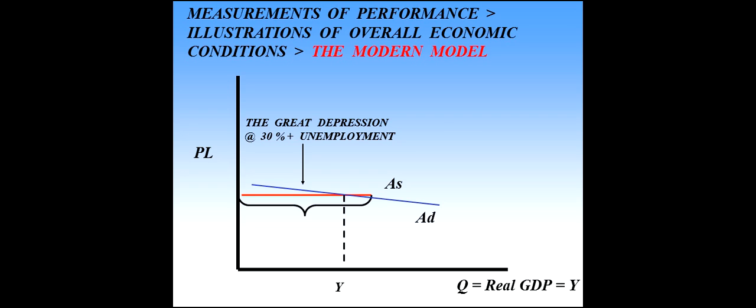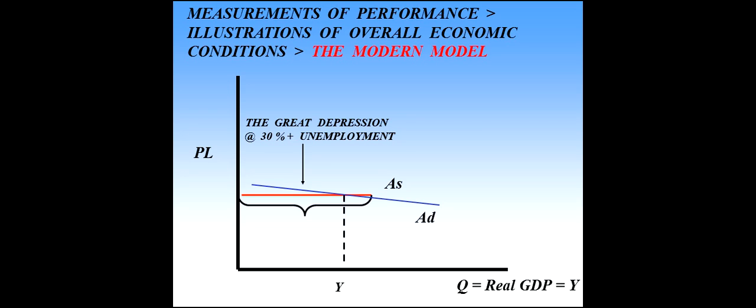This illustration that you see right here with the aggregate supply and demand curve on this graph represents the overall economic conditions during the Great Depression, when we had upwards of 30% and greater unemployment in this country. There was very little demand and obviously little supply because of the low demand.